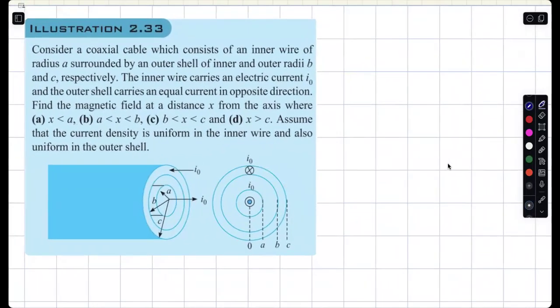Everyone start working on this question. Illustration 2.33. Consider a coaxial cable which consists of an inner wire of radius a.